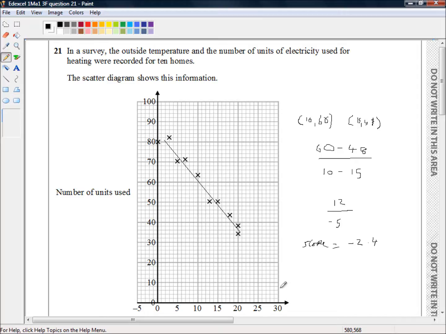But let's be honest, who uses electricity to heat their home when the outside temperature is uncomfortably warm? If anything, they will use electricity to put fans on or air conditioning, so the electricity might start to go up as the temperature starts to get over 25. So we can't extend the line of best fit beyond the available data because that involves making too many assumptions about the data.